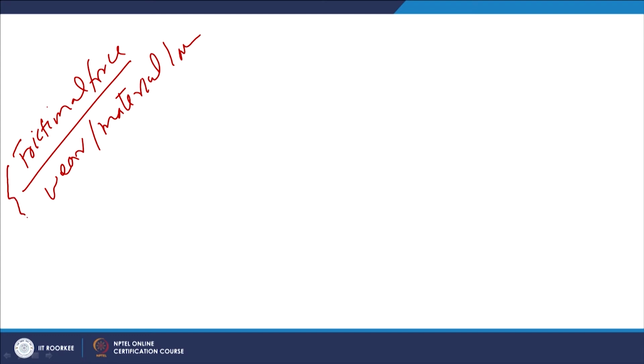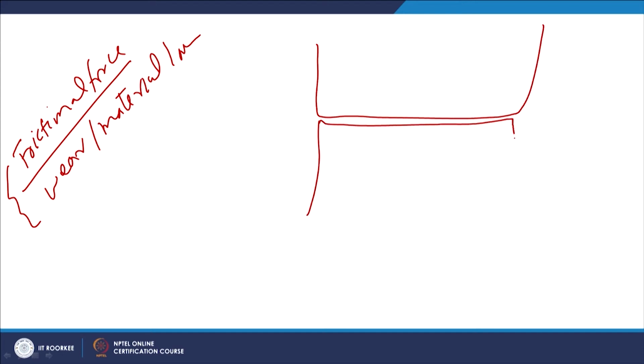These two aspects are governed by the direct metal to metal contact which exists between the mating components, and this direct metal to metal contact, whenever it exists, happens through these three mechanisms.